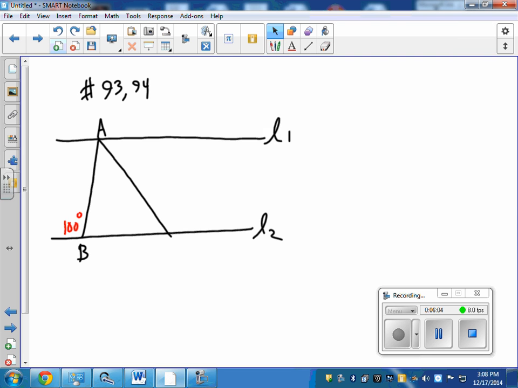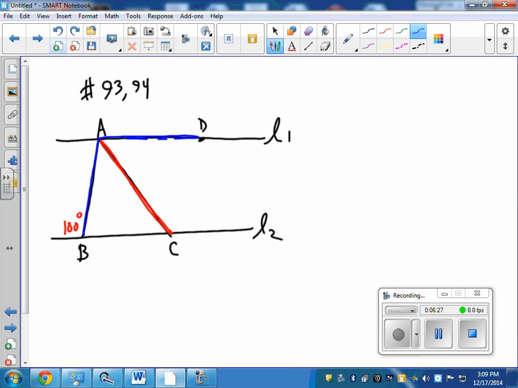we're also told that AC, here's AC, that segment right here, bisects angle BAD.